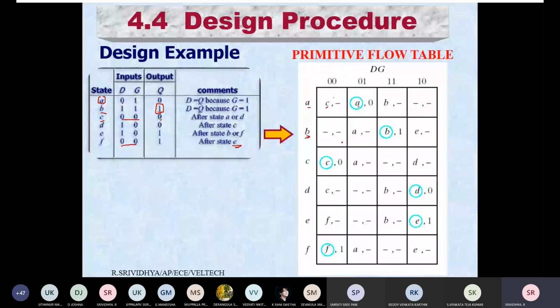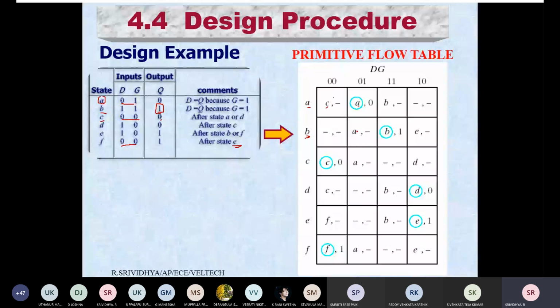Now after this, what is the next step? You have to find the adjacent elements. The adjacent elements are 0, 1. In this I'm searching for 0, 1, and I'm getting only one value, and it is A. For this I'll not write the output; I'll simply put a dash, because it is not going to be my stable state. And what is 1, 0?